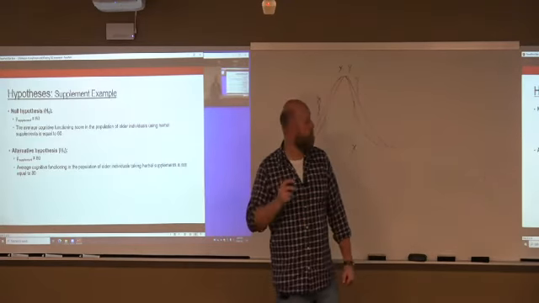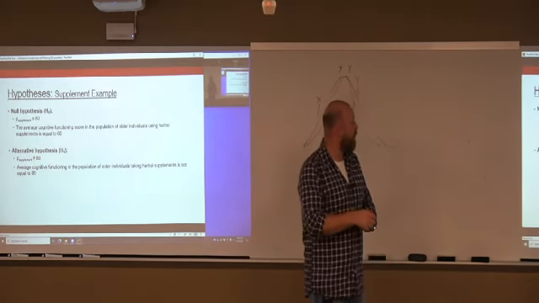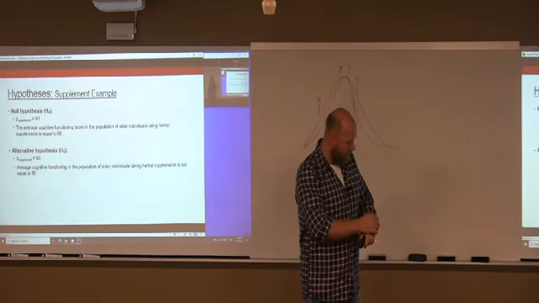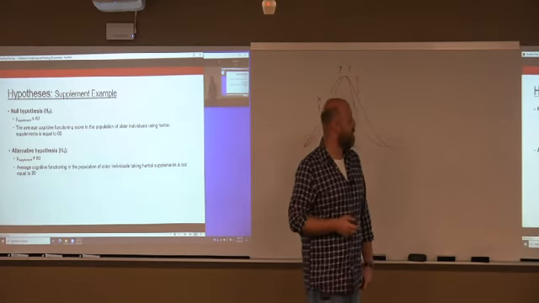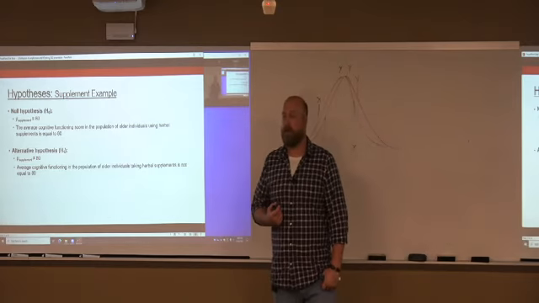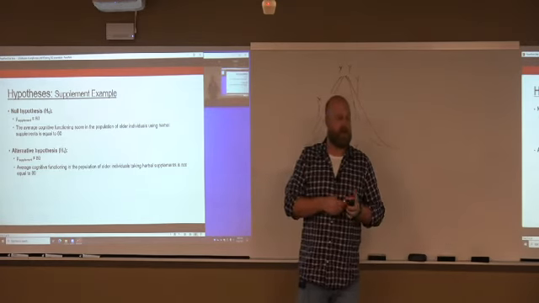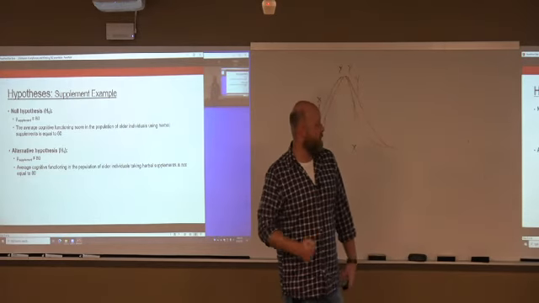Okay. All right. So for our supplement example, our null hypothesis here is that the mean cognitive functioning of our supplement group is going to be equal to 80. Okay. Why? Someone tell me why this is the null hypothesis. Mesa, can you tell me? Why did I specify this as my null hypothesis?